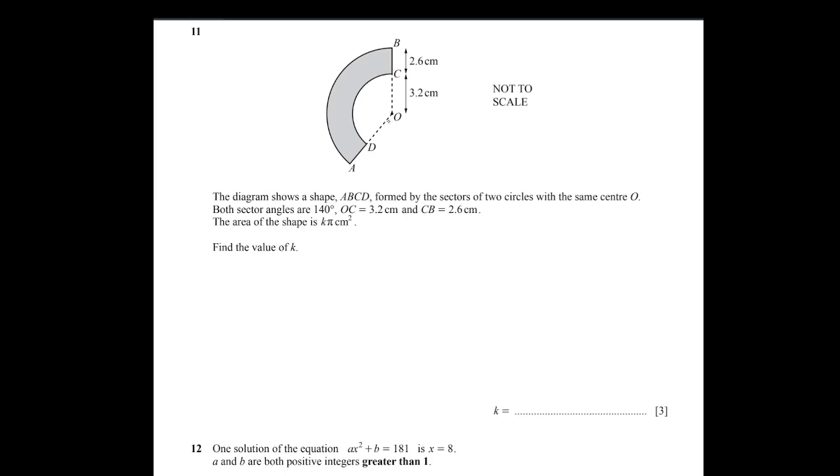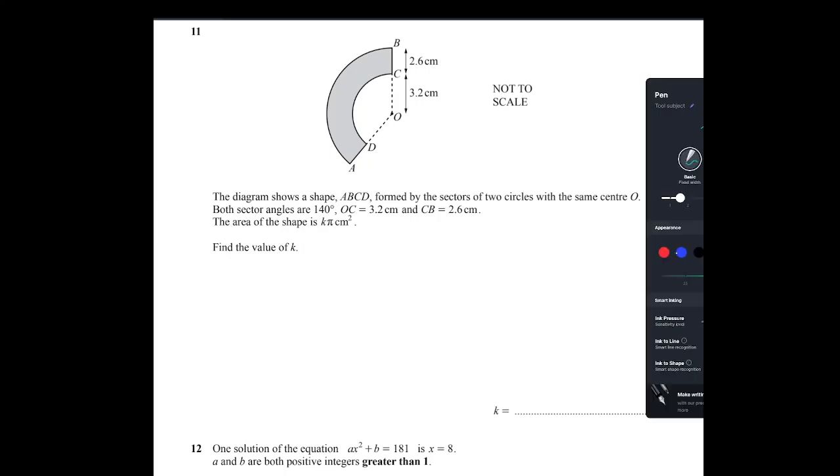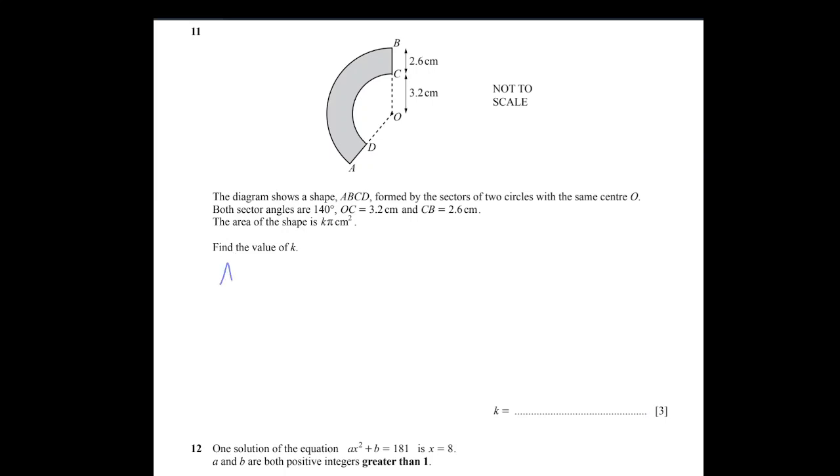Okay, so the area of sector OAB, the big one, is theta by 360, that is 140 by 360, into pi r square.